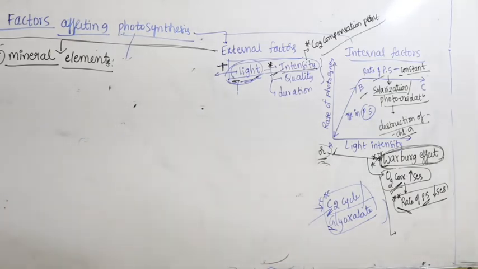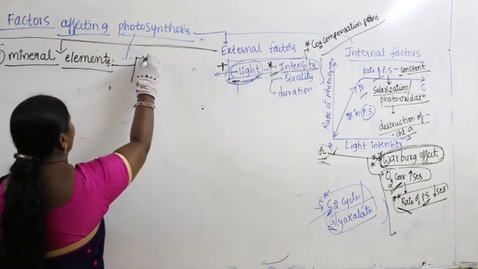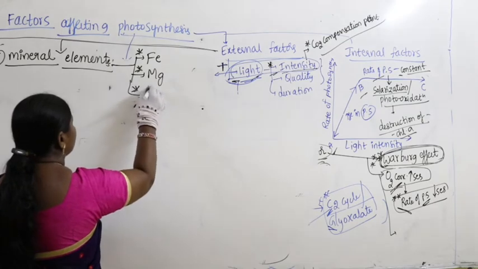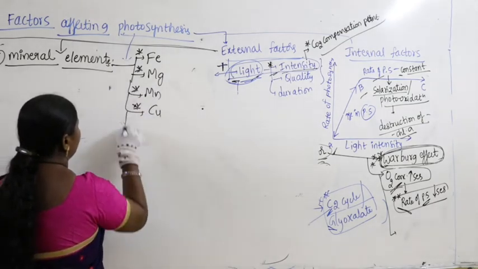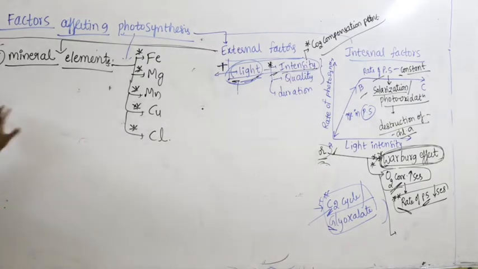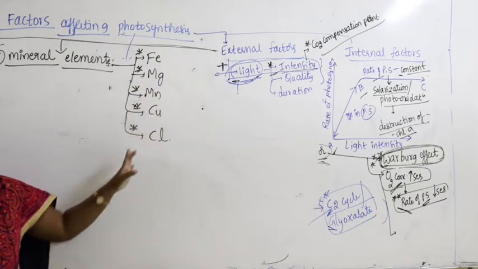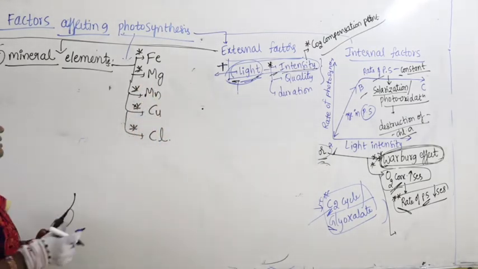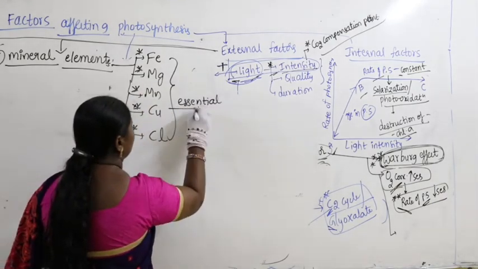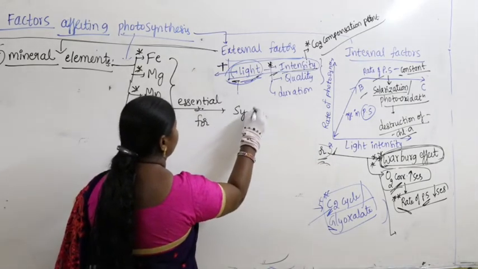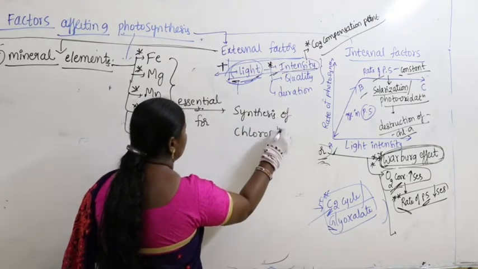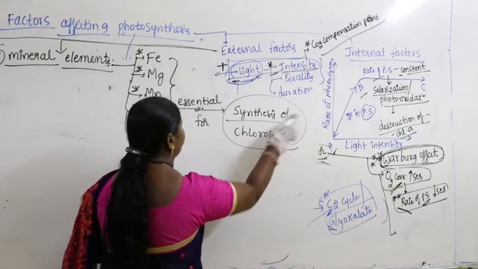Some mineral elements, such as iron, magnesium, manganese, copper as well as chlorine, are very much essential for the synthesis of chlorophyll.